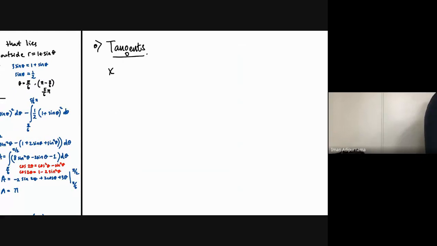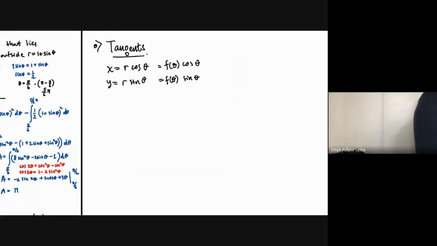Let me write all the information, or the relation between x and y and then r and theta. And we already derived all the x and y with respect to theta. So let me write one more time.